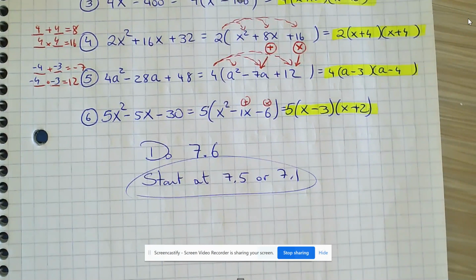Which one do you want, sir? 7.6? Yeah. Good. Are you on 7.6 too?